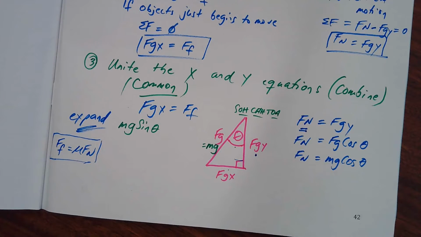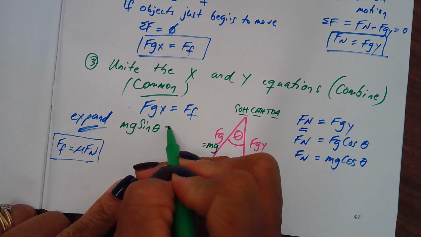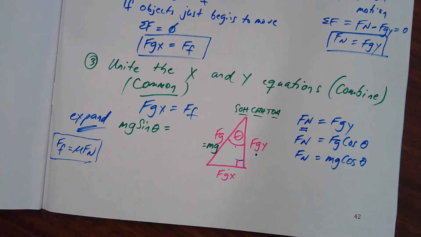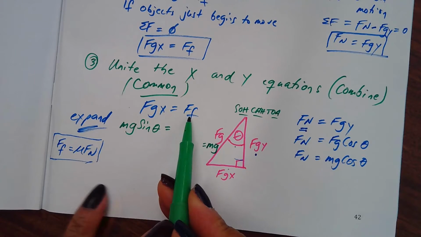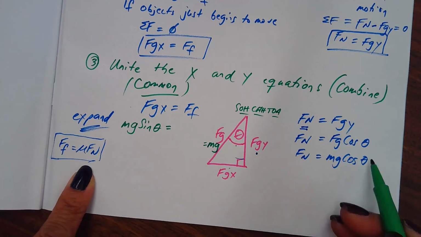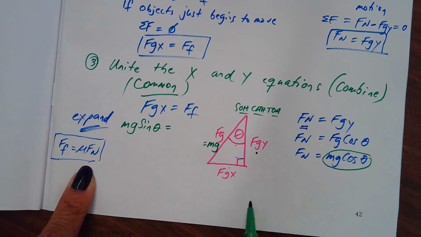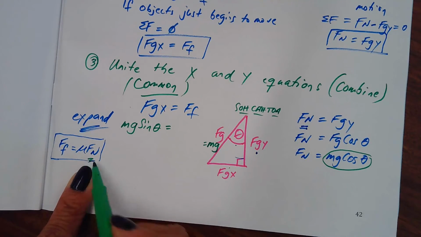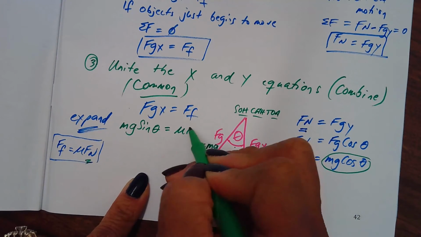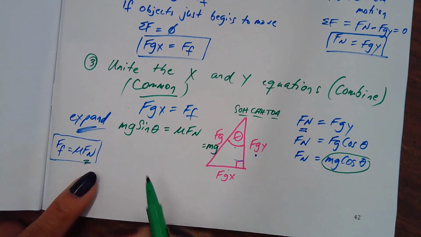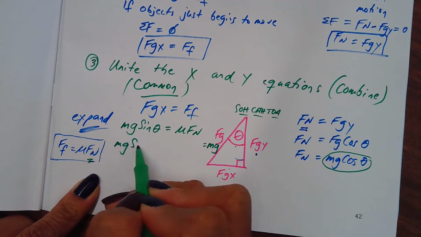So what do we do now? I'm going to go back to the x right here. I'm just going back and forth between x and y. So I've got frictional force, which is mu Fn. You see this Fn? That's the same Fn right here. I'm going to expand it. I'm going to do one more step. There. Rewriting mg sine theta.